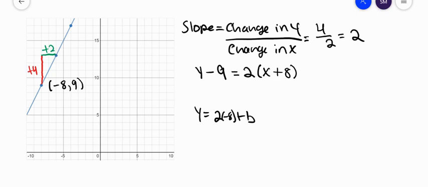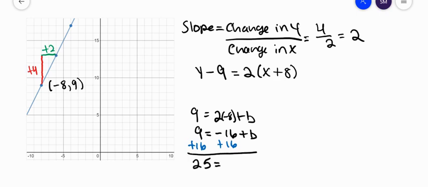And I'm going to put 9 in as my y value. Now I have an equation that I can solve for b, my y-intercept. So 2 times -8 is -16. I will add 16 to both sides of the equation, and I'll get that my y-intercept is 25.